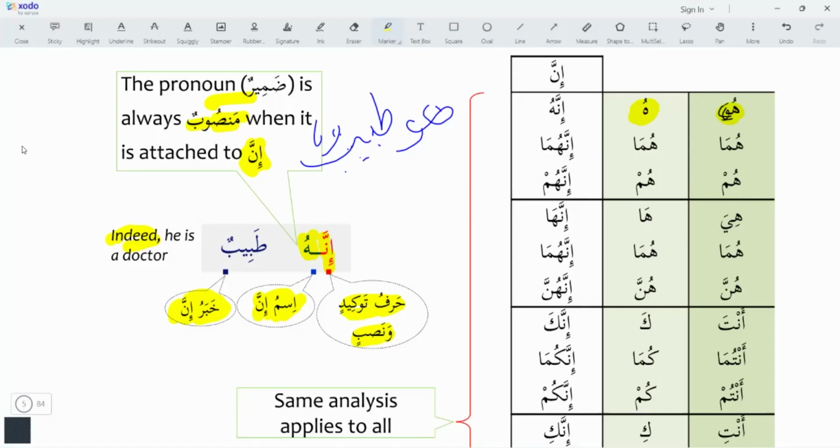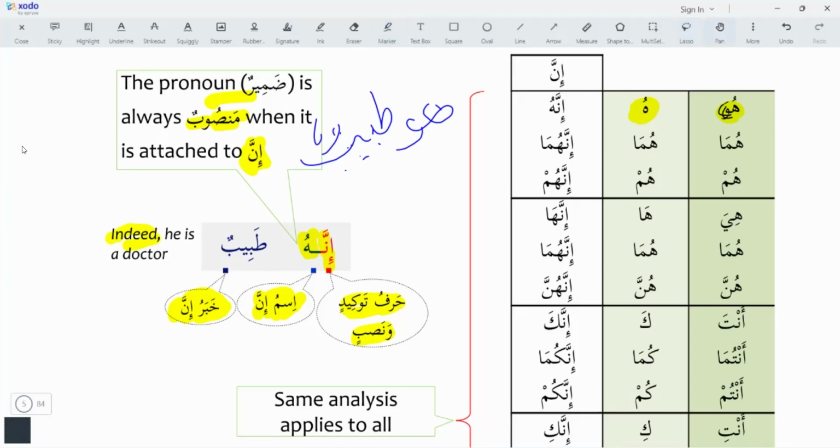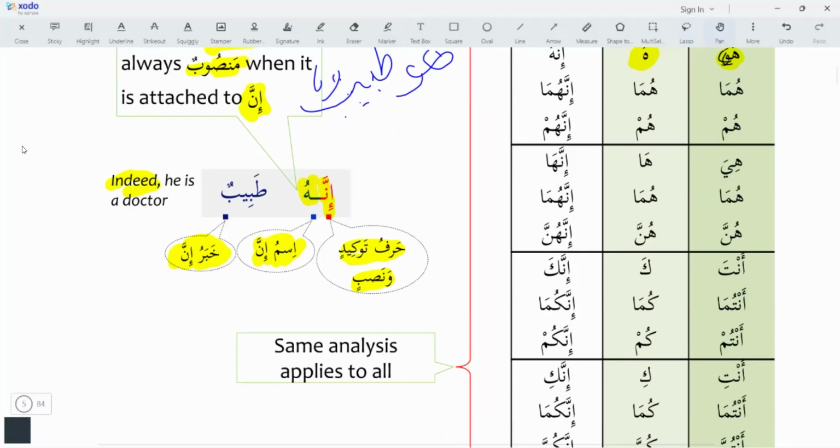So with all the damirs, all are pronouns, when we attach the inna, it will be like this. The same analysis applies to all.